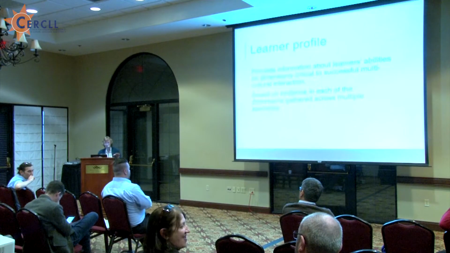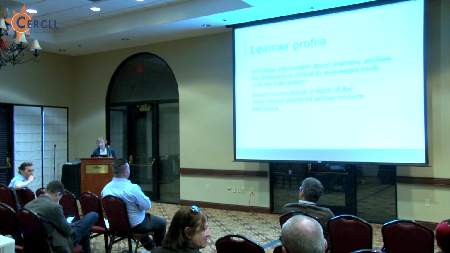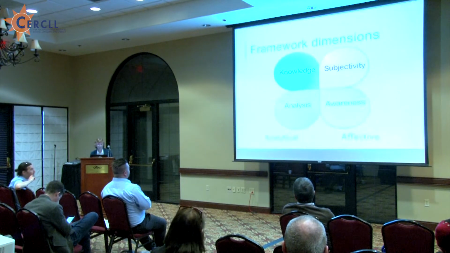I'll show you an example towards the end, but you might have a scenario in which you're going to have a service encounter, and you might have it with someone who is more cooperative, and then with someone that's uncooperative. You might encounter different kinds of complications, but there would be these multiple sets of scenarios that would give evidence for building out this learner profile.